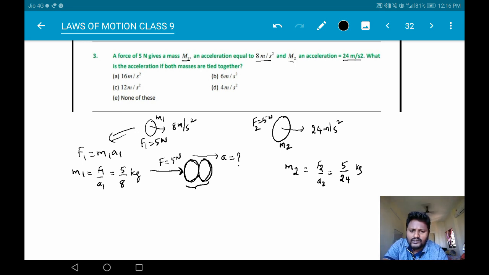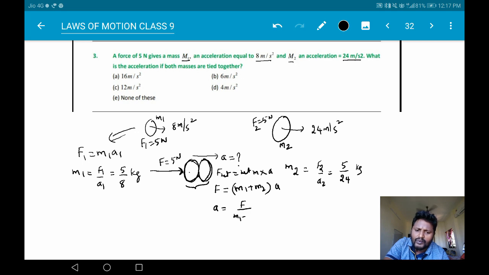Now what happens? Both the bodies are tied together and they are moving with a common acceleration. So we can write F equals m1 plus m2 times a. That means net force equals net mass into acceleration. So we get a equals F by m1 plus m2.